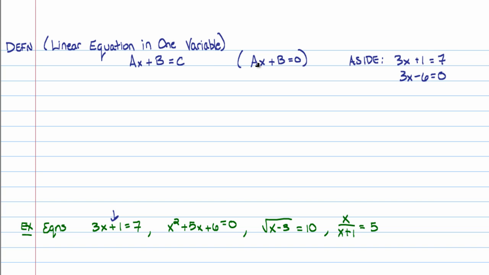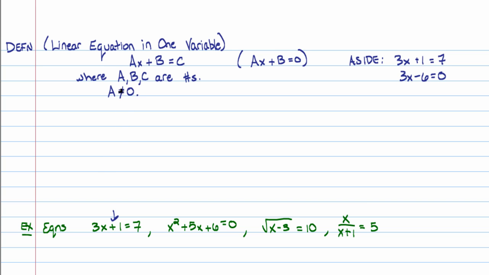All right. So a linear equation in one variable is defined to be an equation of the form ax plus b equals c, where I should mention a, b, and c are all numbers. They're constants. And, well, let's suppose a is not equal to 0.